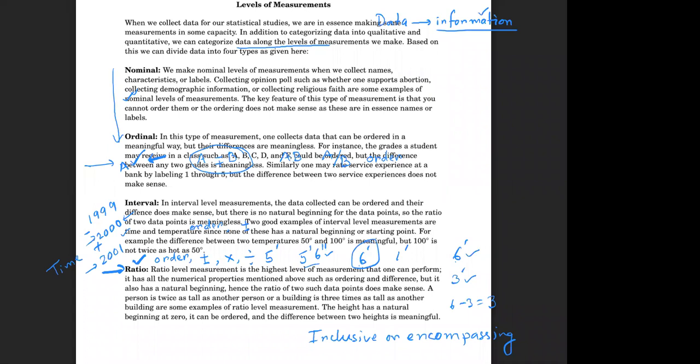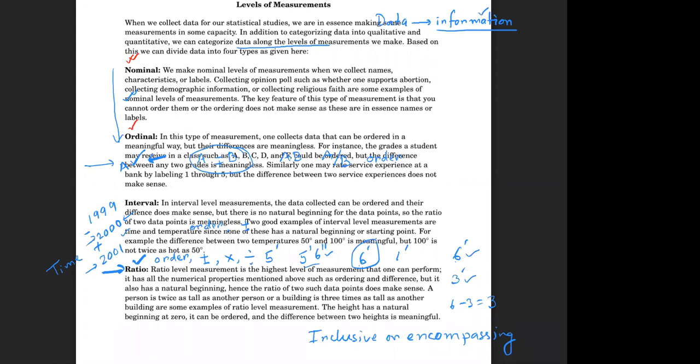Let me just put it all together. In nominal, you collect names, okay? In ordinal, you collect data about something where you can order things. In nominal, ordering doesn't make any sense, right? It's just a name. If I were to ask somebody else, hey, what's your name? My name is John or Jessica.